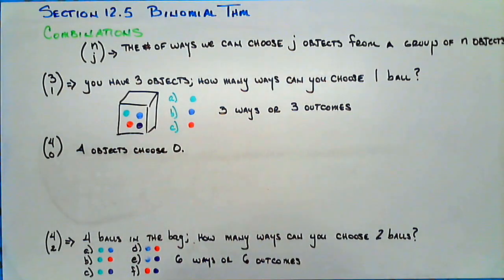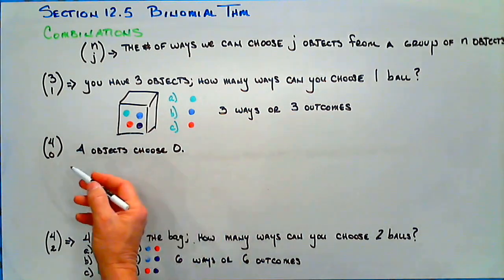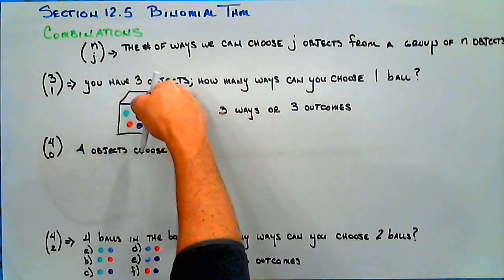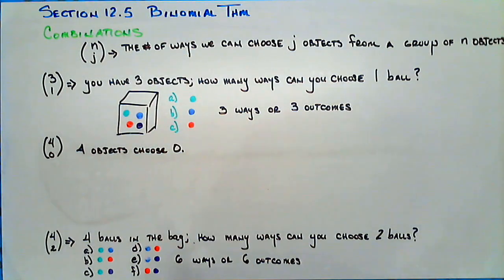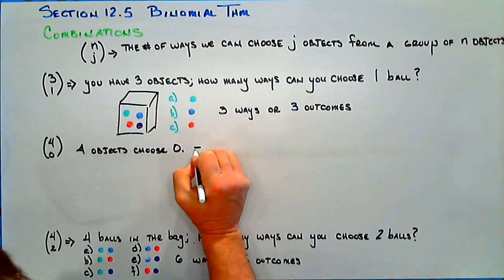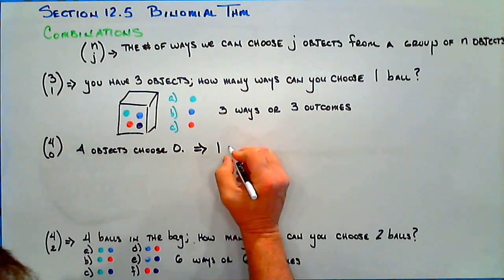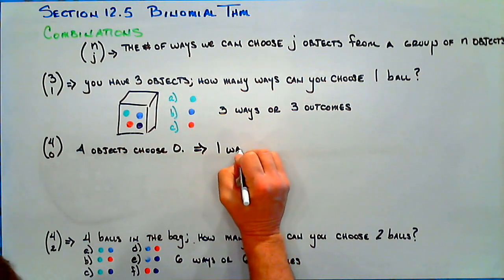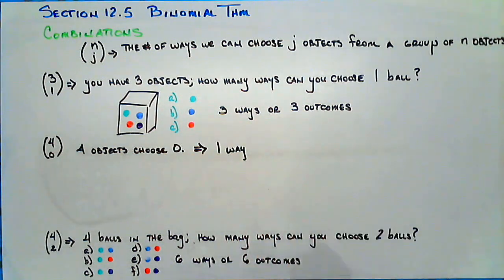Now, how many ways can we do that? How many ways can we reach our hand in the bag and pull our hand out with nothing in it? 1. There's actually an answer to this. You can put your hand in the bag and you take your hand out. There's actually a solution to this. It's one way. There's only one way to do that.